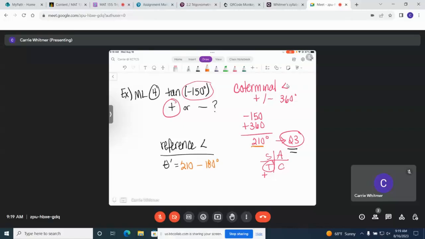I'm using this here because my theta, my given angle, needs to be between 0 and 360. That's going to give me 30 degrees. So my reference angle is 30 degrees.